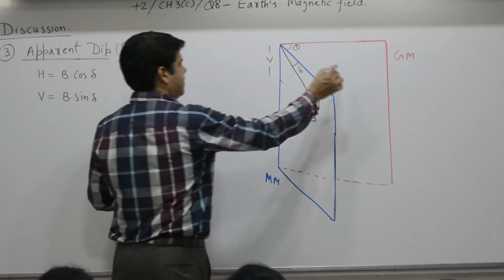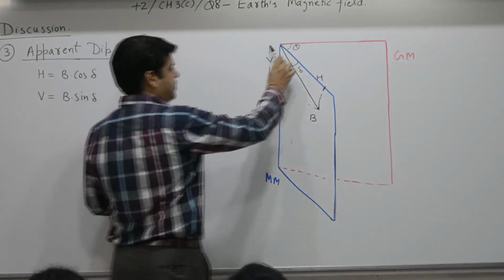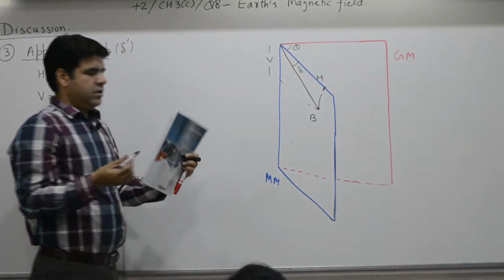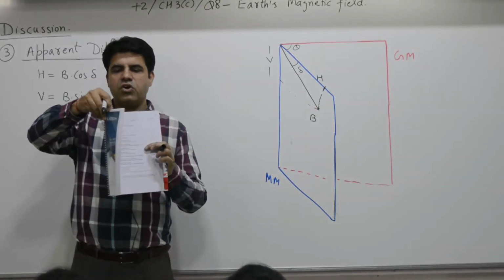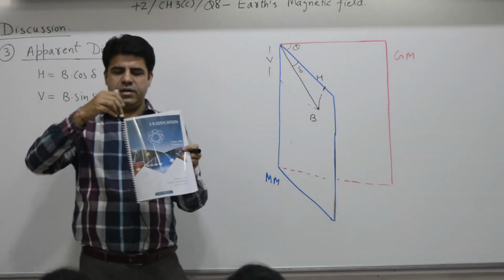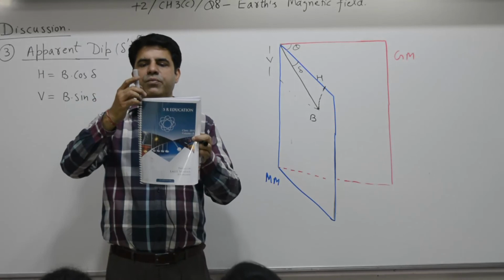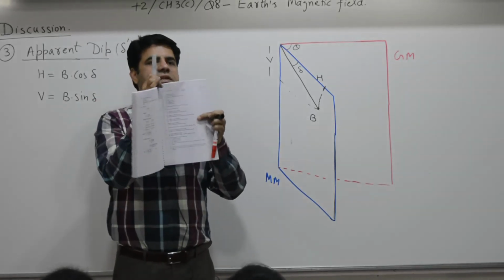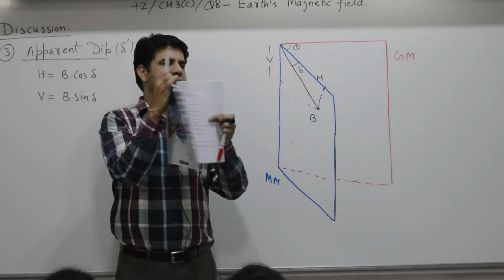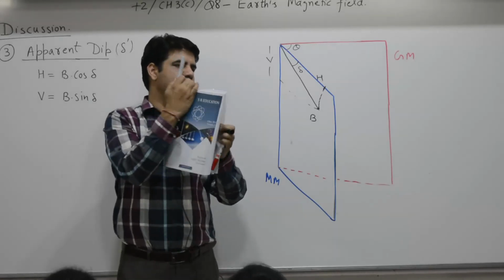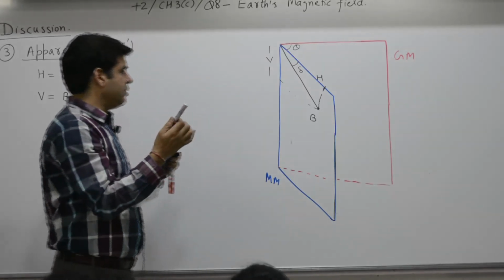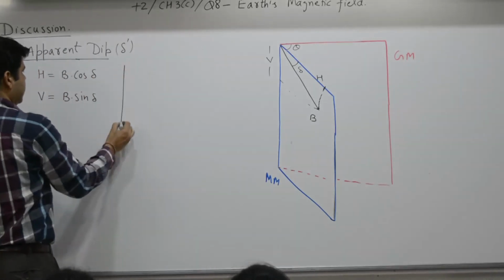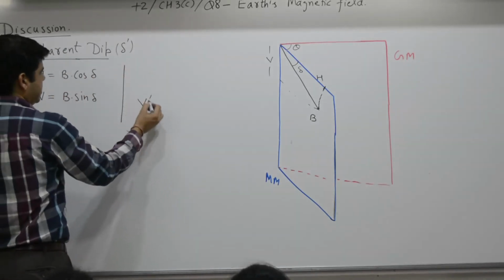Apparent dip, that means in the other one, for this red color, the common component, vertical component will remain same. Agreed or not? Because the two planes have something common, axis of rotation, that is why vertical component of the two will remain same. That is why V dash is equal to V.